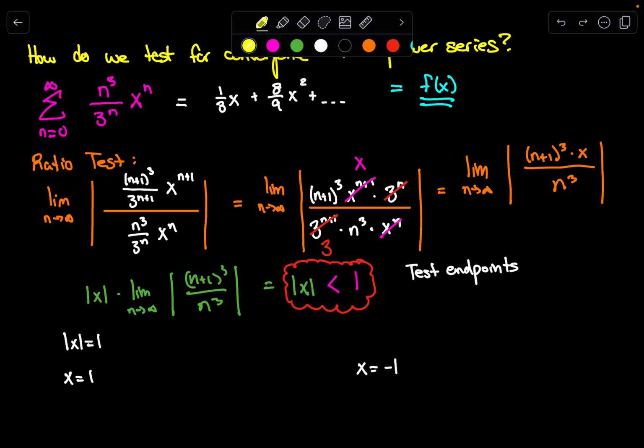So if we choose x equals 1, this series, n equals 0 to infinity, just becomes n cubed over 3 to the n. Now, we could do a little bit of finessing here, and you would have to show whether or not this thing converges or diverges.